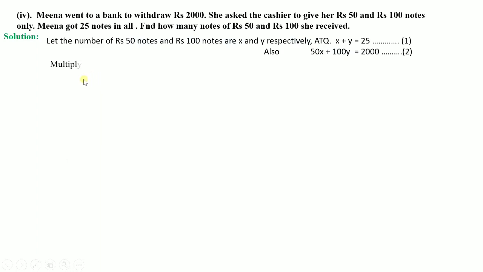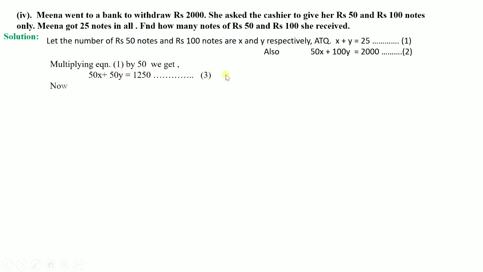Multiplying equation 1 by 50, we get 50x plus 50y is equal to 25 into 50, that is 1250. This is equation number 3.